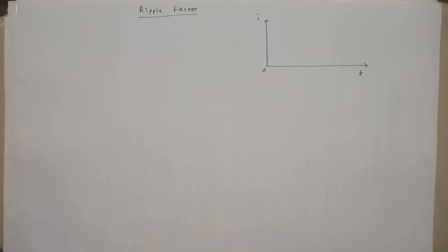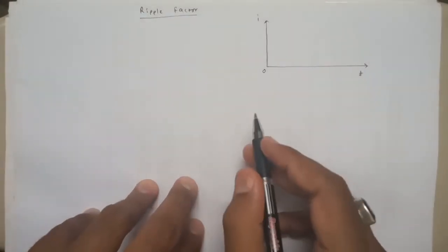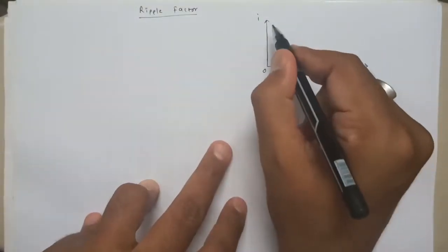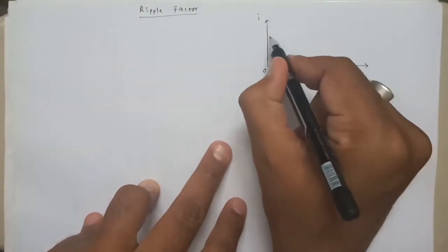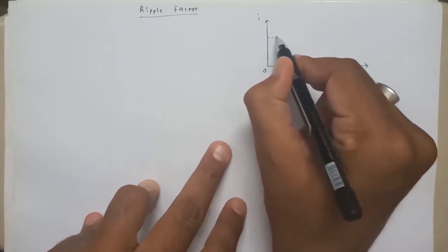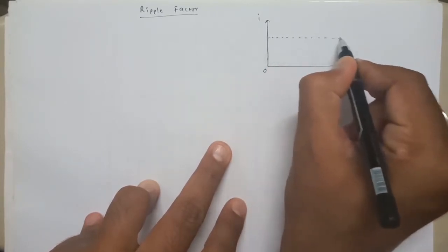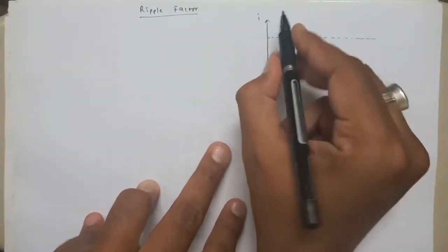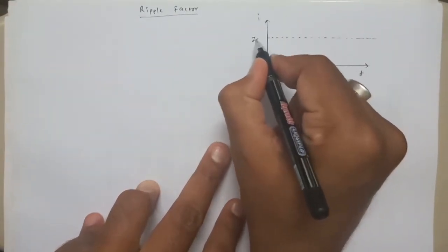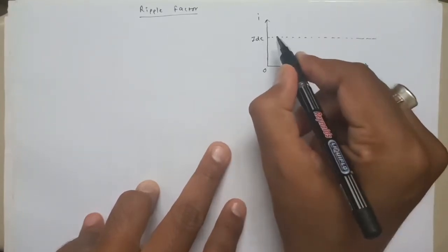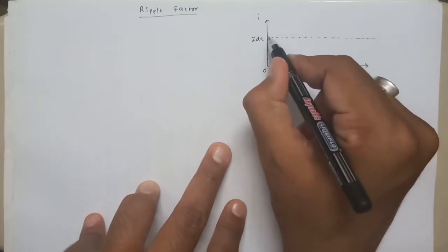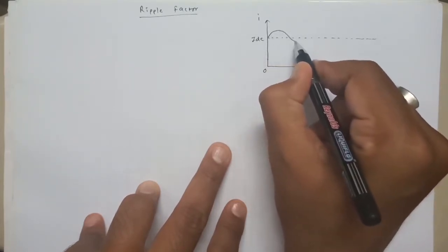To explain this topic in a better manner, I will require one diagram that I am going to draw here. Let us consider a current consisting of a DC value, let us say like this. As it is DC, it will be constant. This is its value, let us say IDC, but this component has AC along with it. So let us mix the AC here.